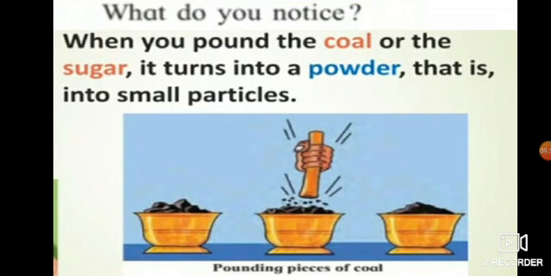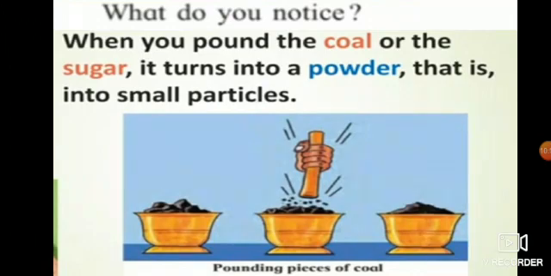Okay, so there are big particles or pieces of coal, and then what we have done, we have smashed it and we have converted it into small or tiny particles. So these tiny particles are called powder.